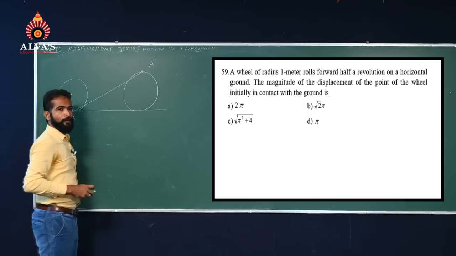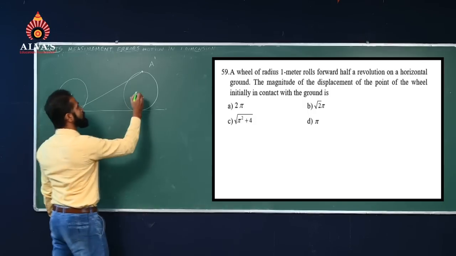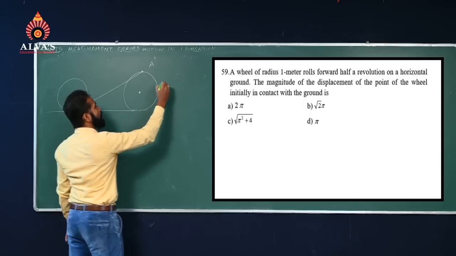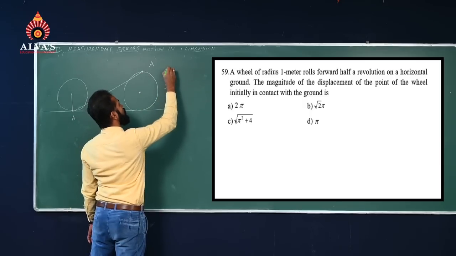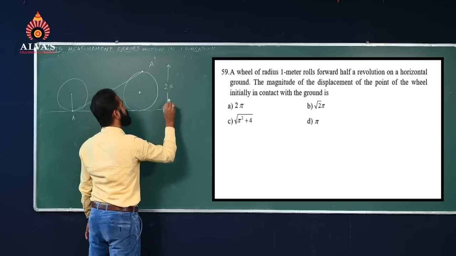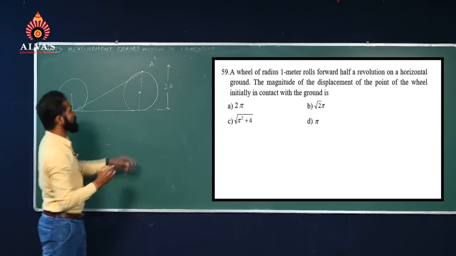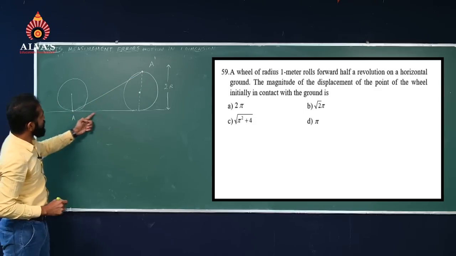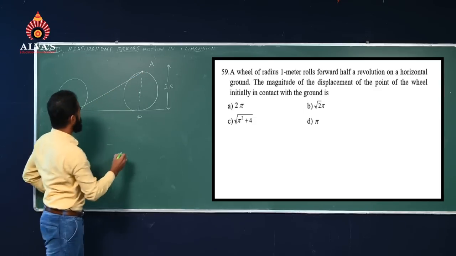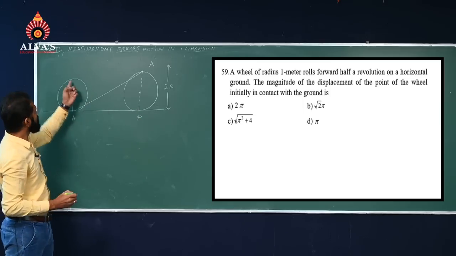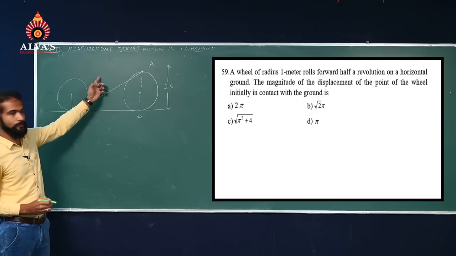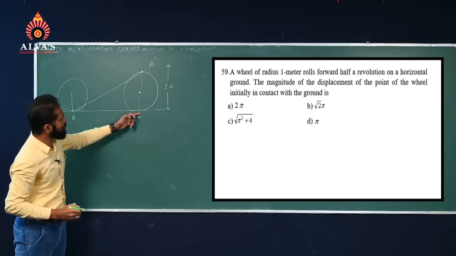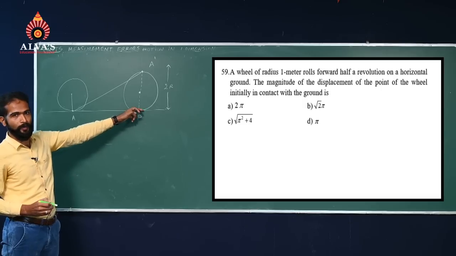Now the given information is the radius of this is r, so the diameter total will be 2r. So this distance becomes 2r. Now this length from A to point P, that is nothing but distance travelled by the circumference of this circle. So since the revolution is half, the circumference that is traversed on this line is only half of the perimeter, half of the circumference.